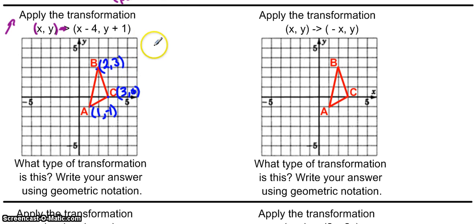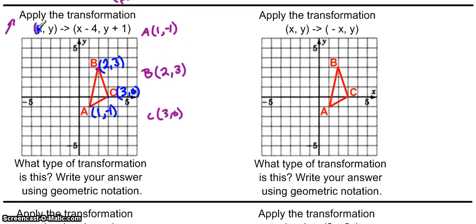All right, I'll rewrite these points off to the side here with a little bit of space between them. So A was at 1, -1. B was at 2, 3, and C was at 3, 0. Now, what are we doing with these? Well, if we look back over the transformation over here, okay, we can see that I take my original points right here, such as 1, -1.